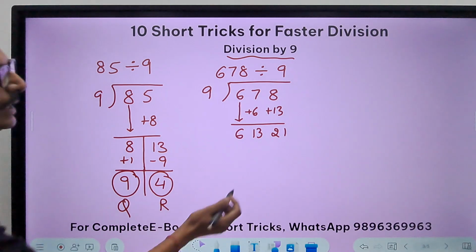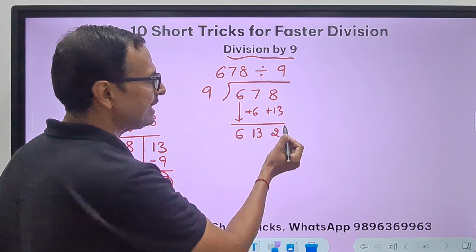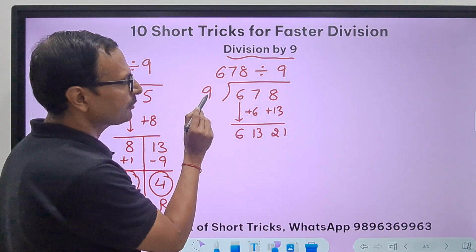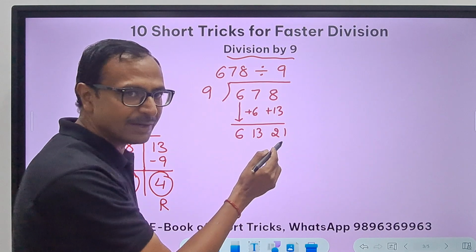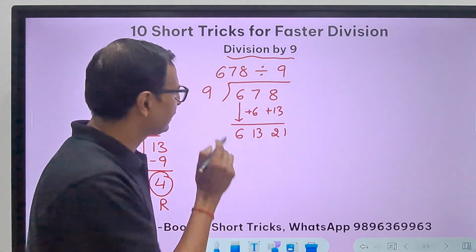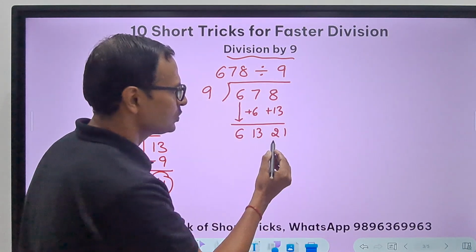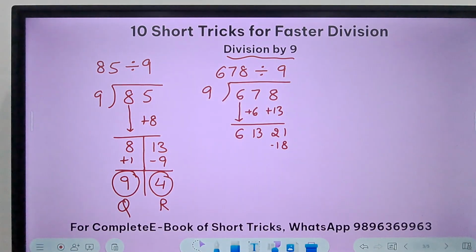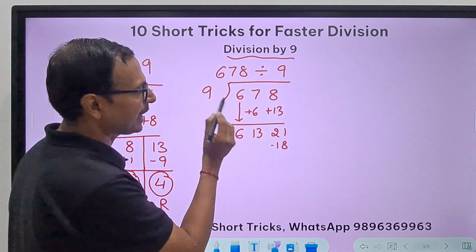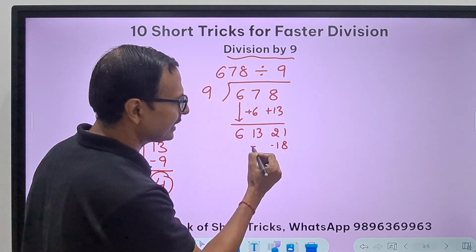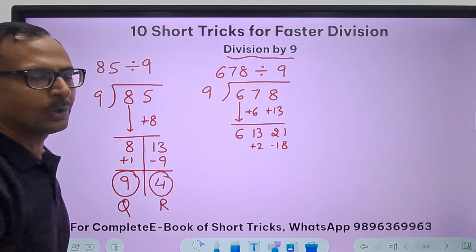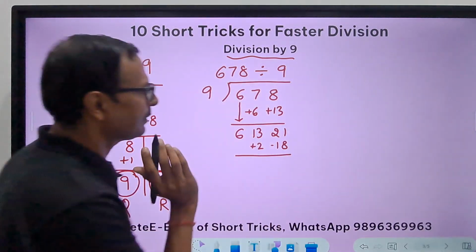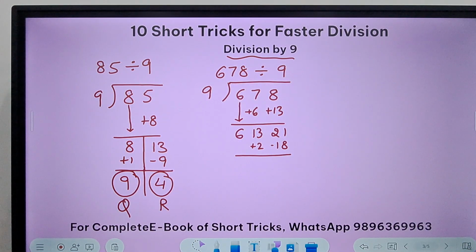And now look at the last number 21. So how many multiples of 9 can I subtract from 21? It is 2 multiples, right? 9 2s are 18. So I'll subtract 18 from here. And what will happen to 13 now? Because I subtracted 2 multiples, this will get increased by 2, thereby giving me some new numbers under the horizontal line.